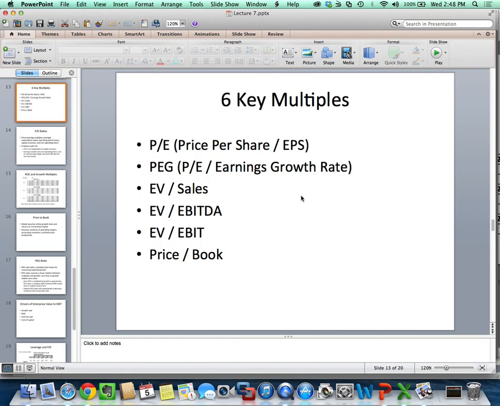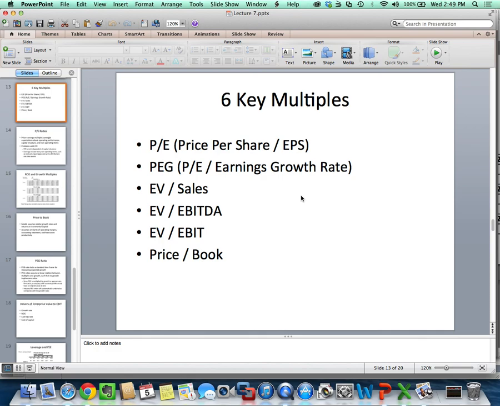They're based on the operating profits of the business, and therefore they are less impacted, though still impacted, but less impacted by things below operating income. So less impacted by tax rate, less impacted by capital structure, less impacted by one-time gains and losses. So that's why people like the enterprise value ratios.